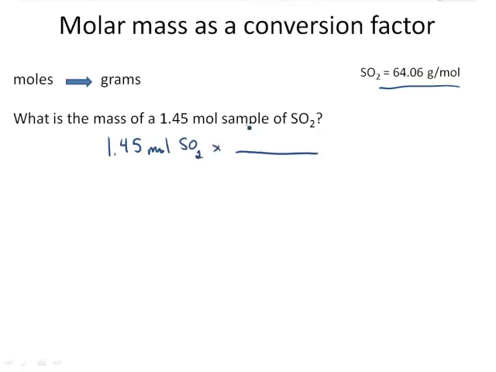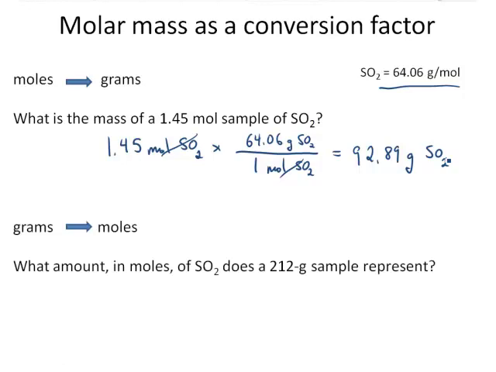So we'll use our conversion factor of 1 mole of SO2 on the bottom and 64.06 grams of SO2 on the top. That way moles cancel, and we end up with grams. 1.45 times 64.06, 92.89 grams of SO2.